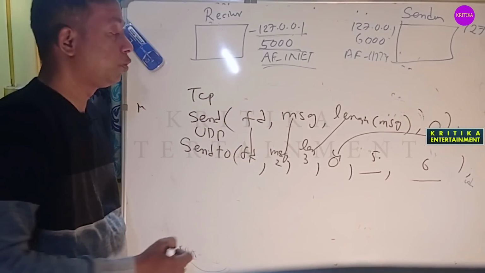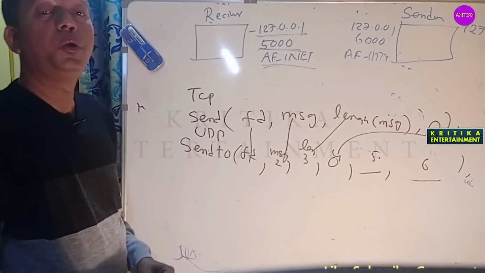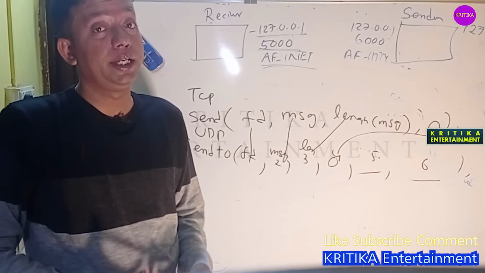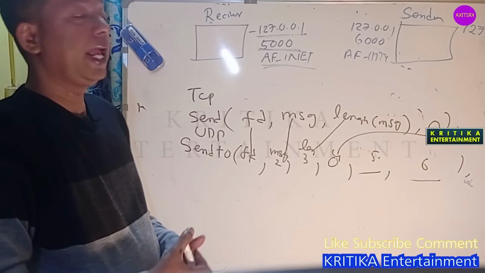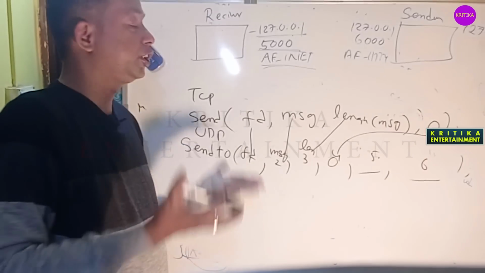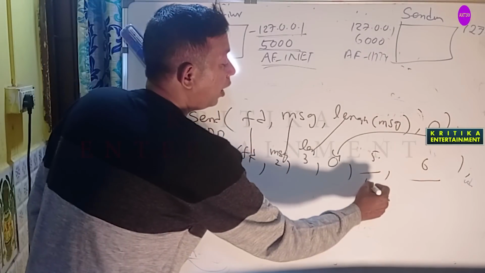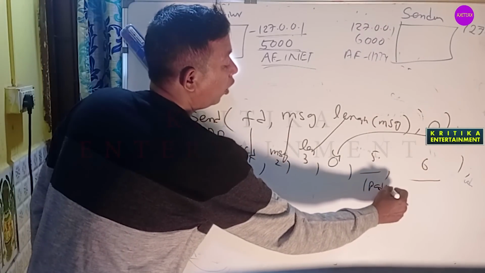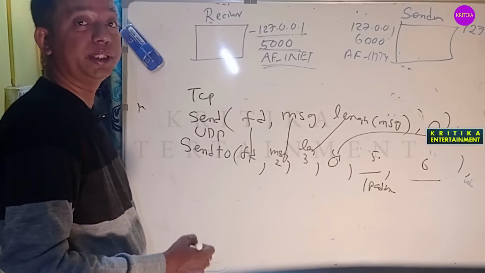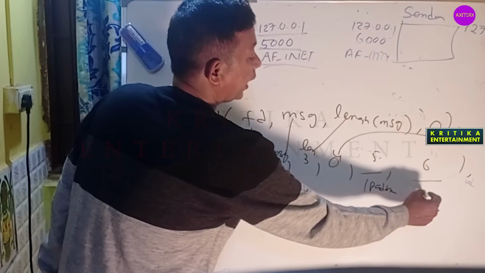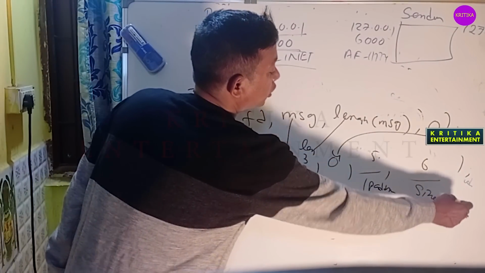These 2 parameters, though I have told you it is connectionless, so I have not defined any connection where the data will be sent. So here you give the IP address or the structure name of where the data is to be sent, and the size of that structure.